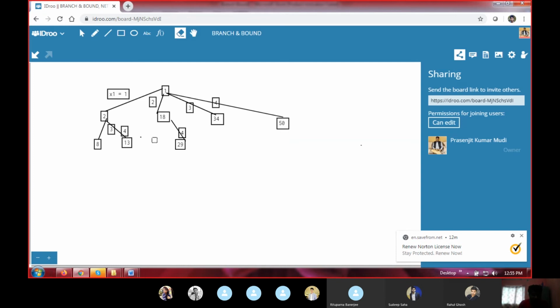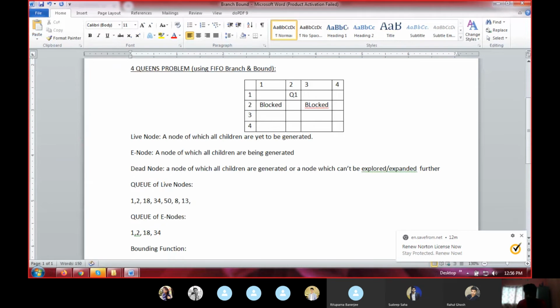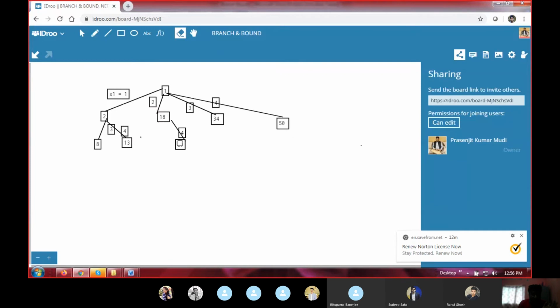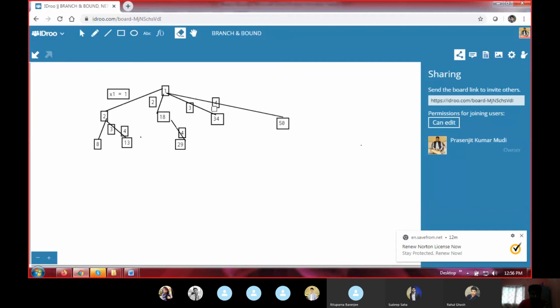Similarly, node 19 and node 24 were there, but as they were violating the bounding function, they were killed or deleted immediately after their generation. That's why 19 and 24 can't be live nodes. Only 21, 29 remained in the live node queue. So we place here 29. After 13, 18, 29. Right, it's correct. Next we move on to the next e-node, which is node 34.